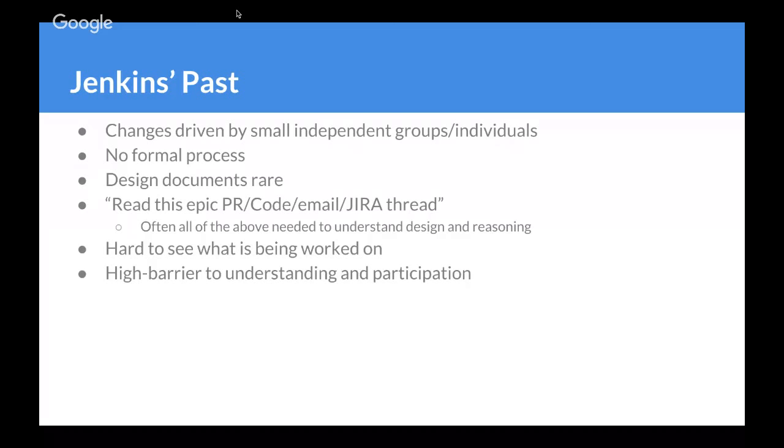The response is often read this epic PR thread, and that's how we designed it. Or just read the code, or read this email, or this Jira thread, and then you'll know what we did and why, and that can be really daunting, right?